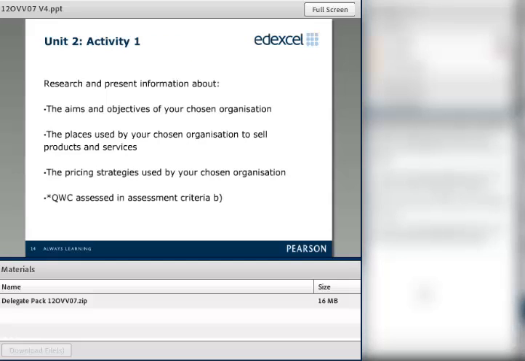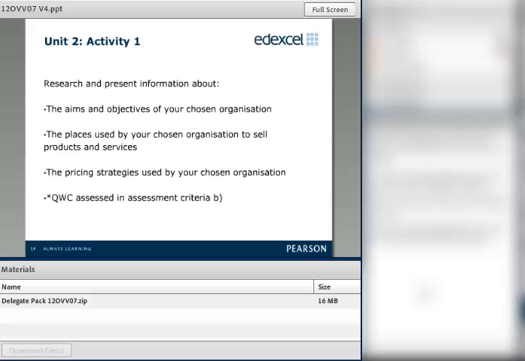So for those of you, just to update you, this is what Unit 2 Activity 1 is. Once they've done the plan, in the actual 15 hours of write-up time, they've got to present information about the aims and objectives of the chosen organisation, the places used by the chosen organisation to sell products and services, and the pricing strategies.